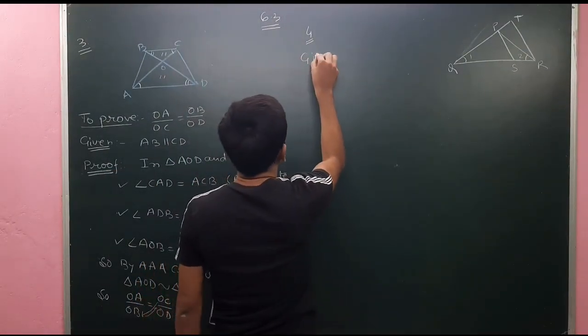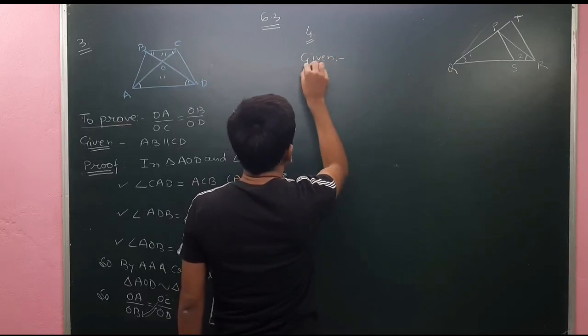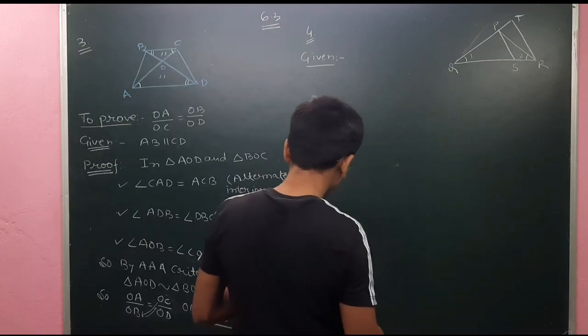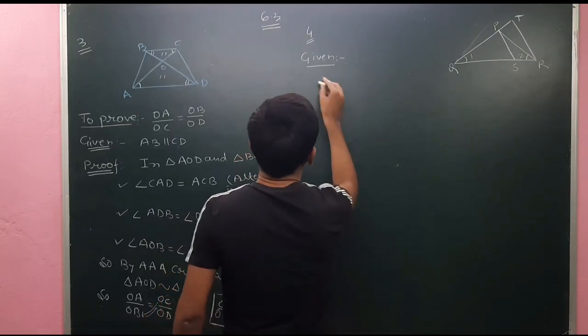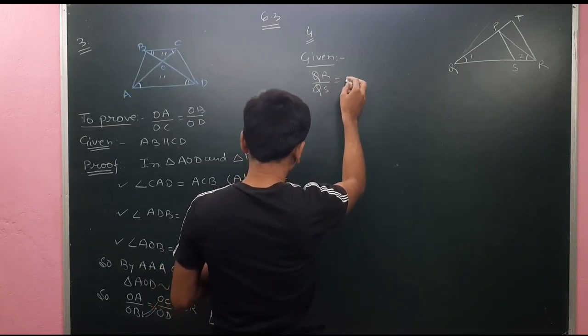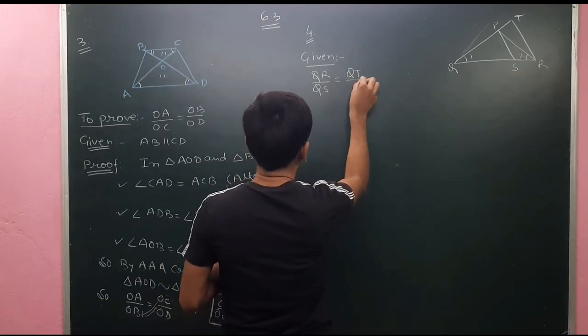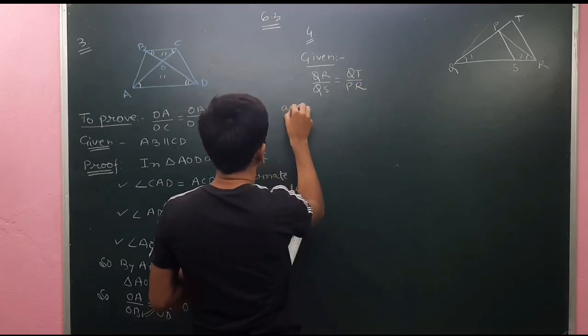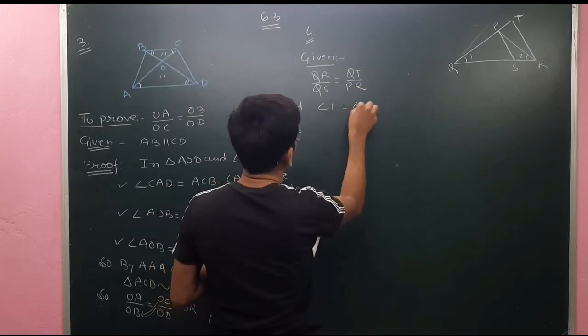Given: QR upon QS is equal to QT upon PR, and angle 1 is equal to angle 2.